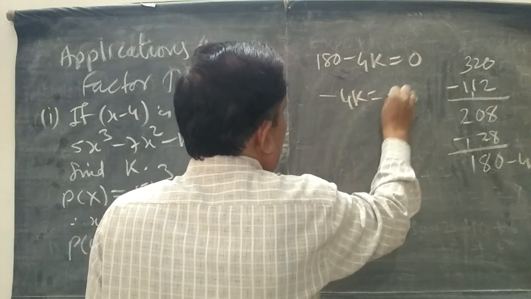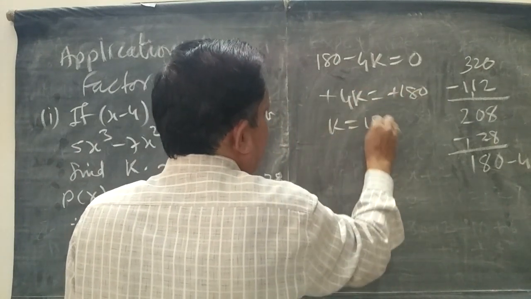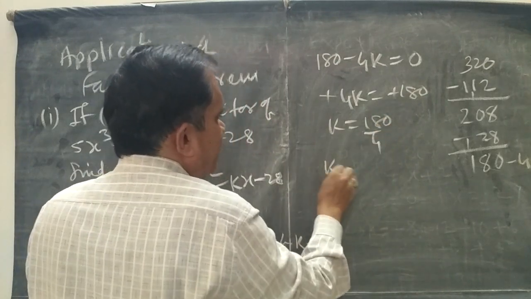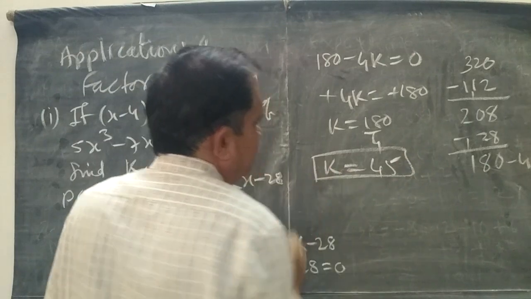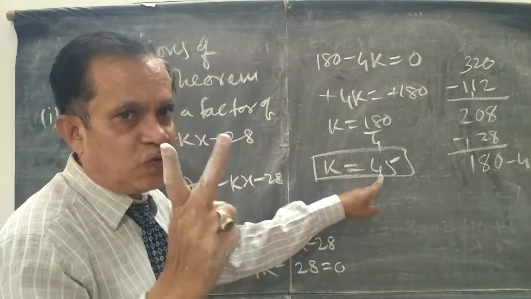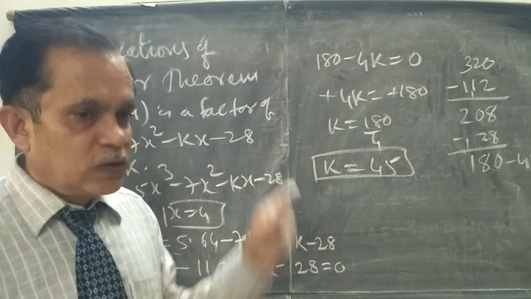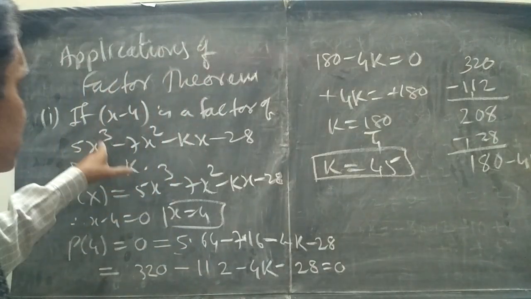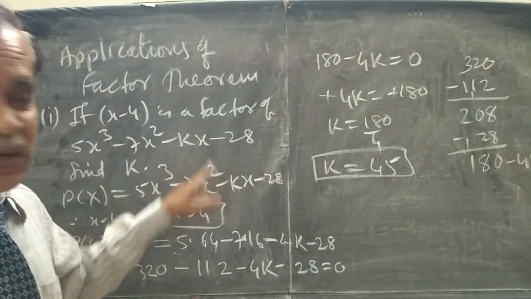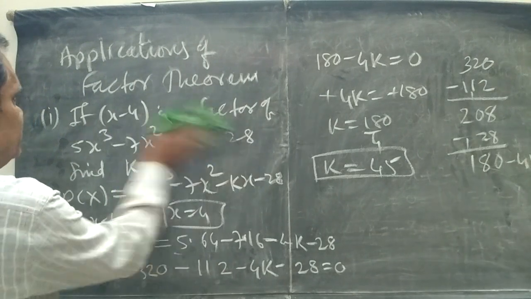We get minus 180, so k equals 180 upon 4. 4 into 4 is 16, remainder 2, bring down 0 becomes 20, 4 fives are 20. So k equals 45. Like this, we find values of the variables in the given polynomial. It's very simple.